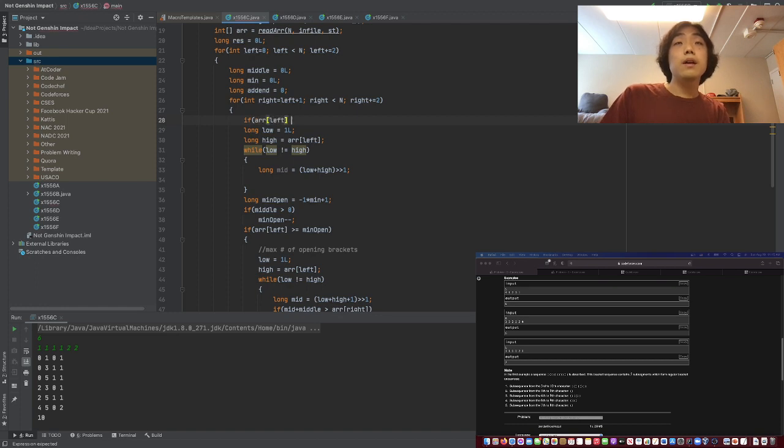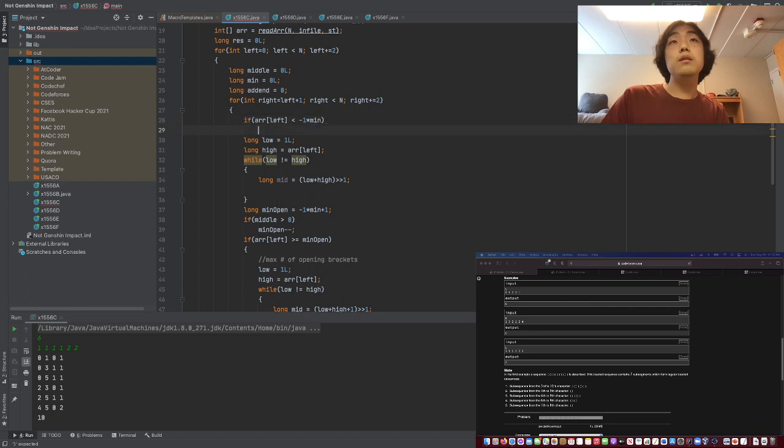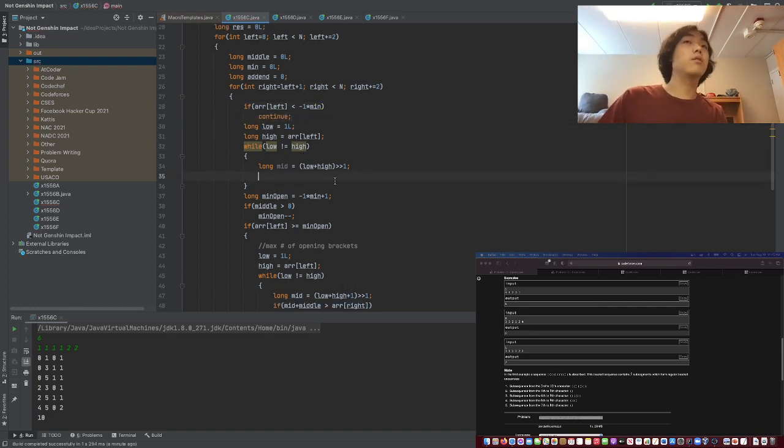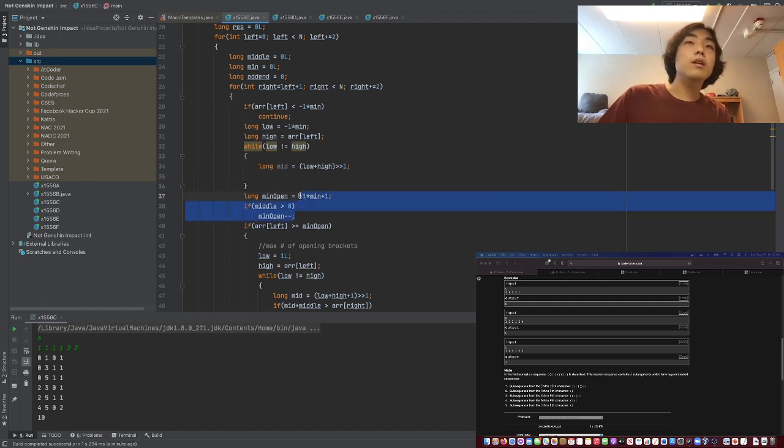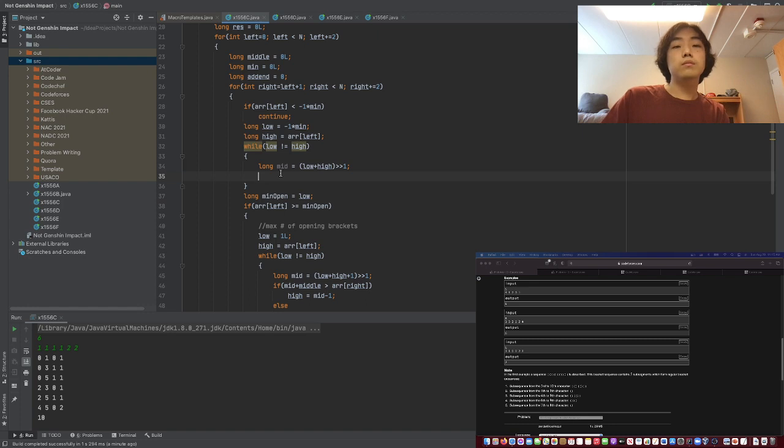Well, if this is strictly less than -1 times min, then we continue. Otherwise it's always possible? We just need at least this many. Long min open, in this case, would now just be low.